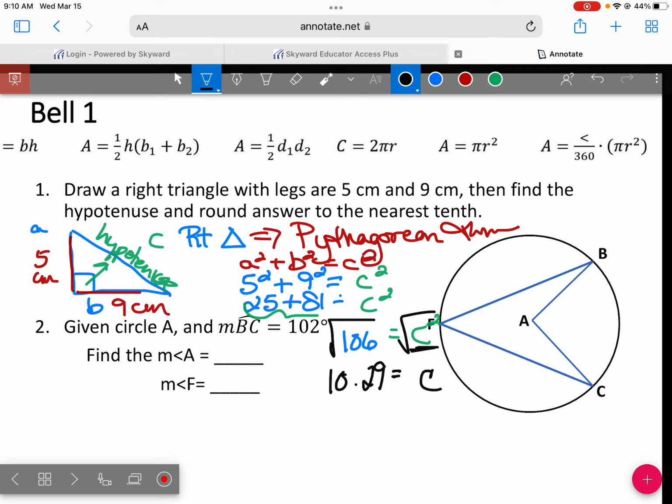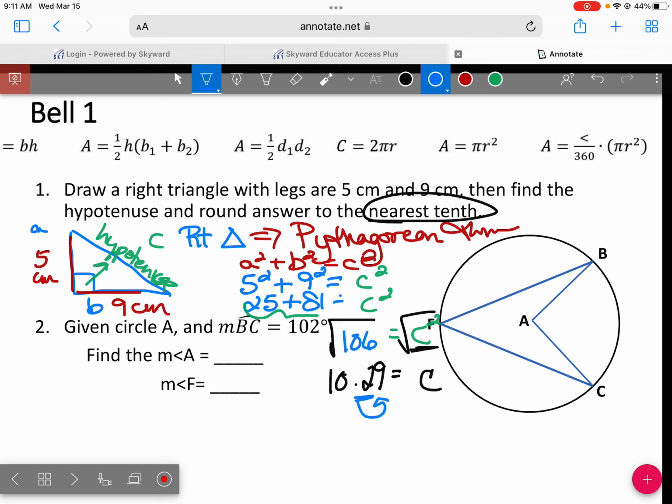Does everybody know how to take the square root? You hit the second button and you hit the x squared button, which is just to the left of the 7. Now, they want us to take it to the nearest 10th. Which of these digits is in the 10th place? The 2 is in the 10th, and you look next door, it's 5 or more.